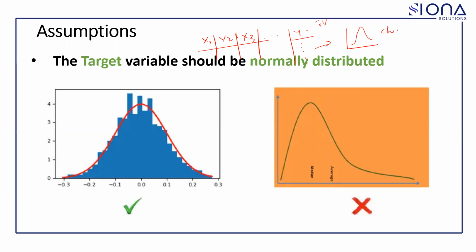Now, how do you check this? One is by plotting, that is your KDE, correct? What is the second check? Description, dot describe, that is mean equal to median, or you check the skew. Now let's say your target variable is not normally distributed.